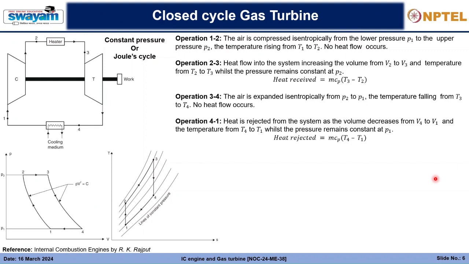Next, let us talk about closed gas turbine, closed cycle gas turbine. So in contrast to the open cycle gas turbine, a closed cycle gas turbine has its fluid working in a cycle.